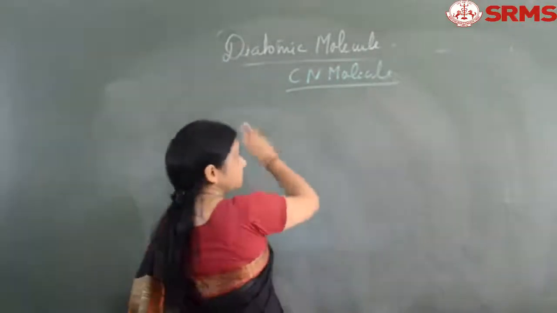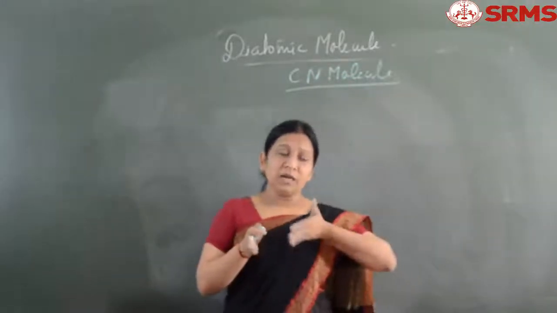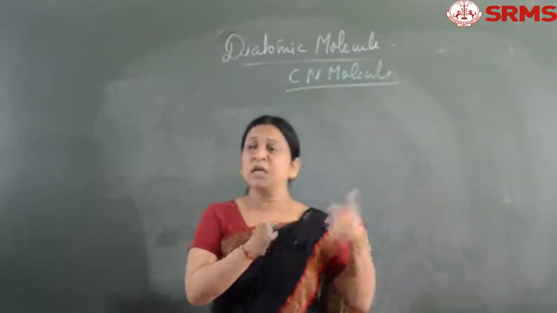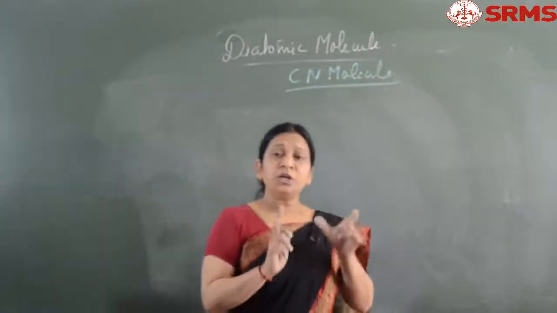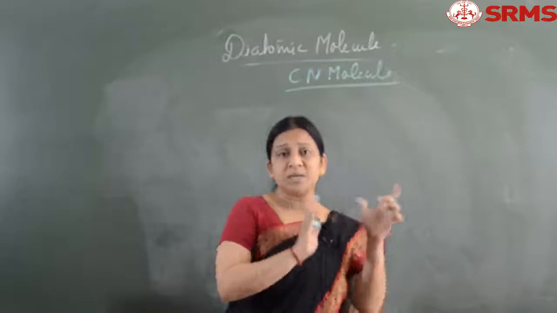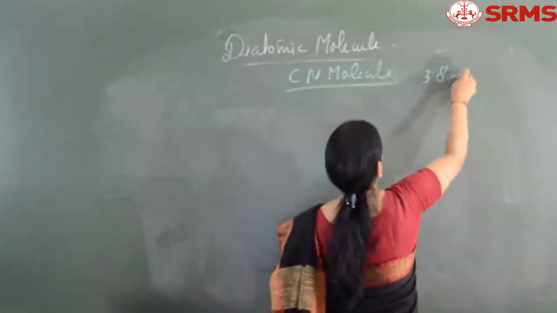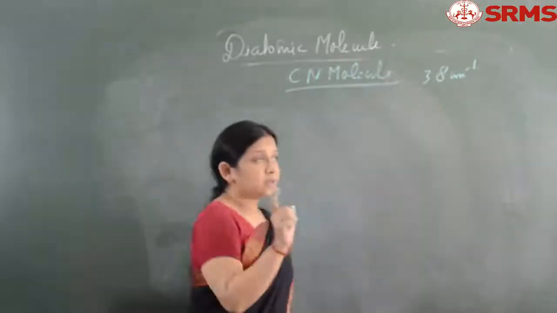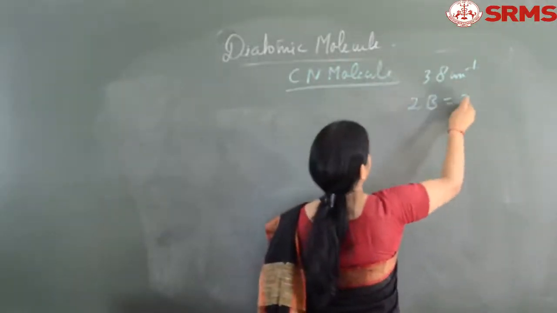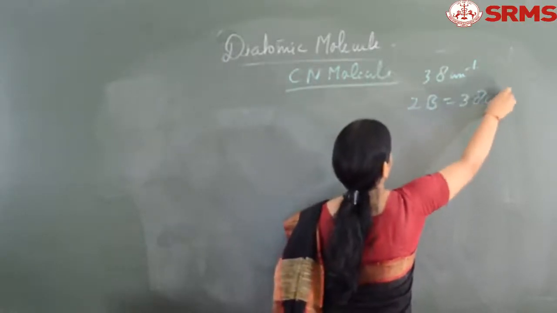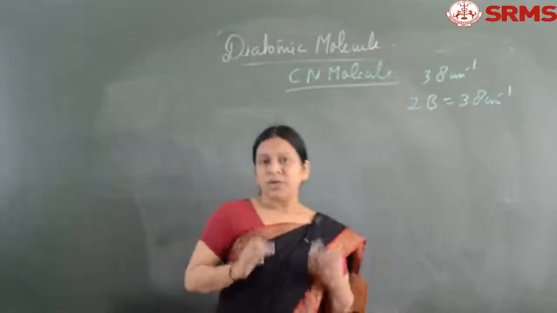Because it is a rotating molecule in the gaseous state, equally spaced lines are formed where the interspacing is 3.8 centimeter inverse. By interspacing, we mean we are calculating the value of 2B. So 2B is 3.8 centimeter inverse. Now we have to calculate the internuclear distance.